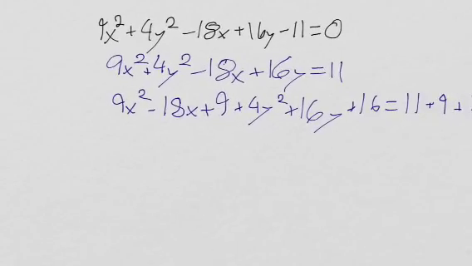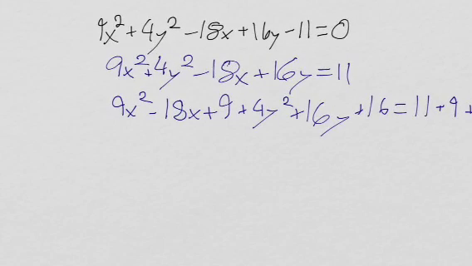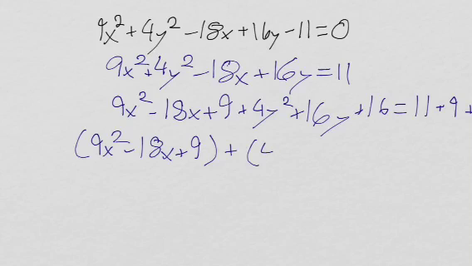So I'll group these together. We'll get 9x squared minus 18x plus 9 plus 4y squared plus 16y plus 16 equals 36.